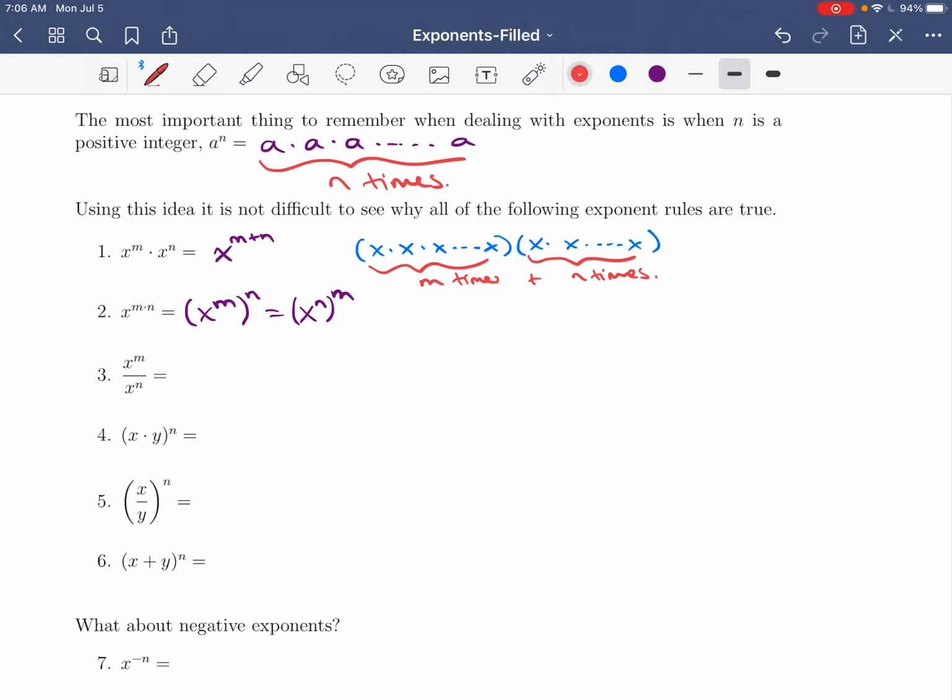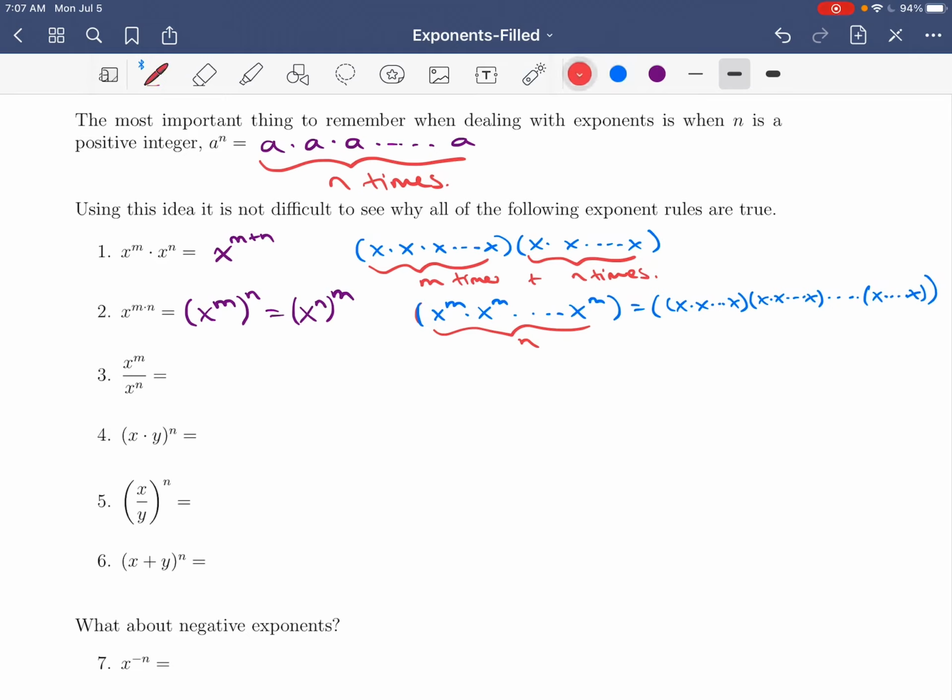So if I do x to the m, n times, that's going to be x to the m times x to the m, n times. I'm just going to write n here. Each of those is actually x times x, m times.